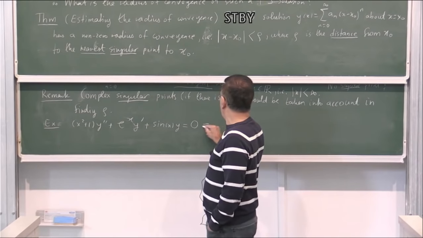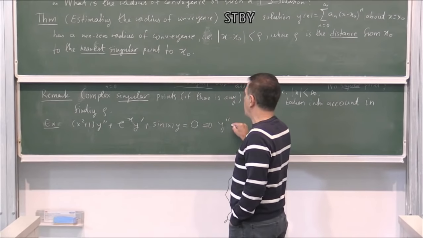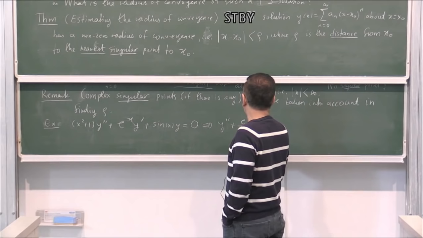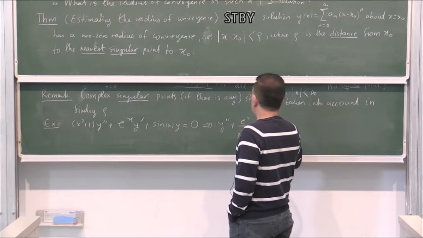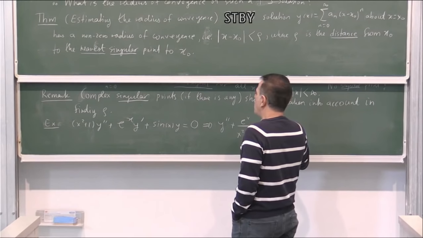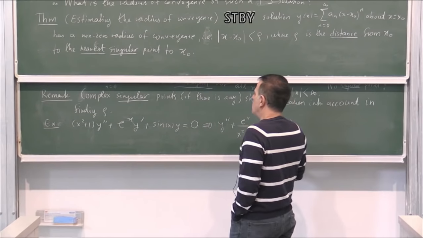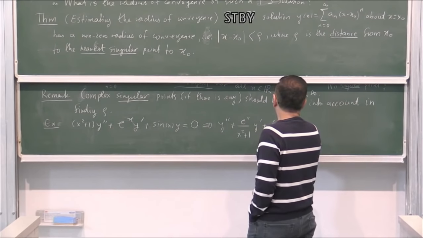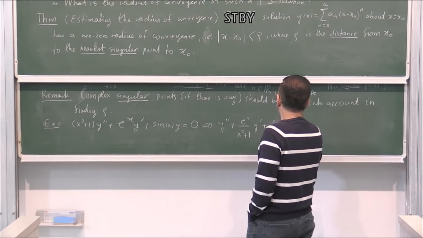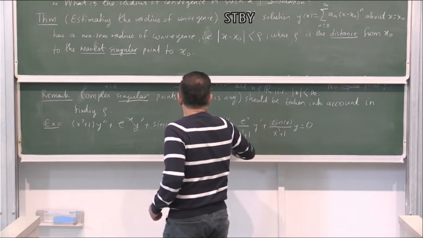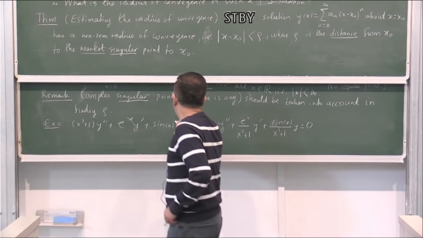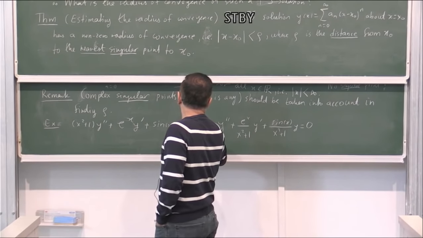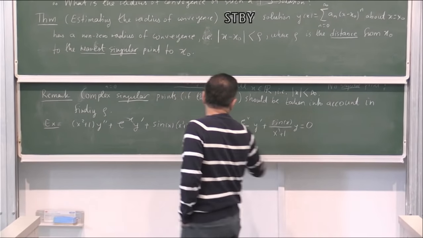But look, writing the equation in the reduced form: y double prime plus e to the x over x squared plus 1 times y prime plus sine x over x squared plus 1 times y is 0. Okay? This is the reduced form.